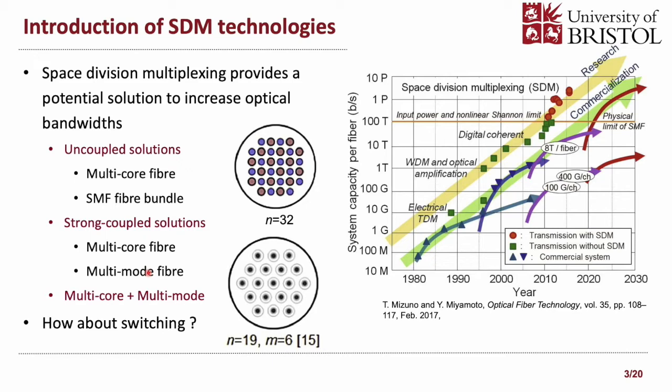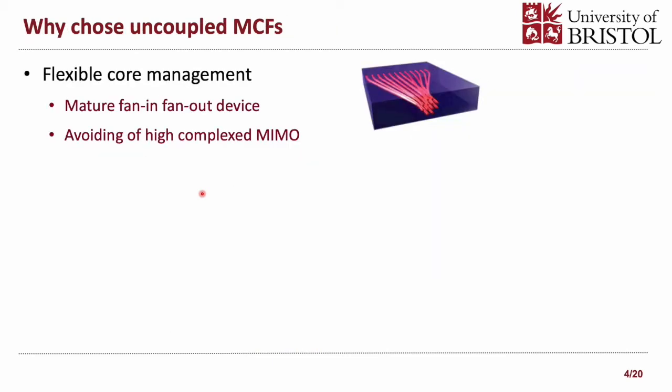And this will make the intermediate switching impractical or impossible. So here, we believe multiple fiber will be a good solution for deploying SDM technology into optic networks. And why? There are several key considerations.